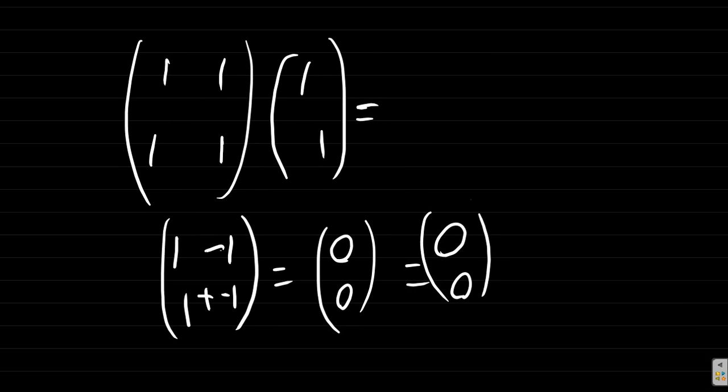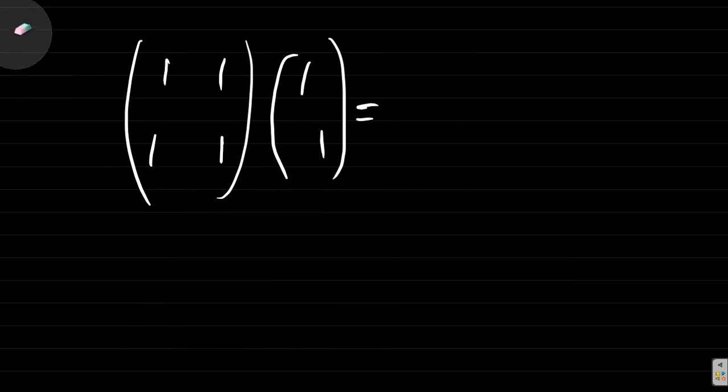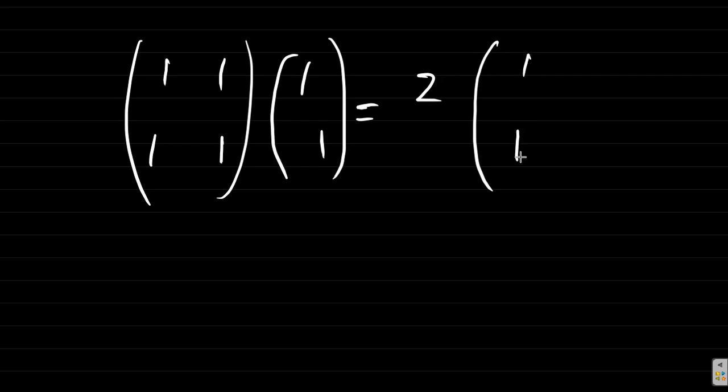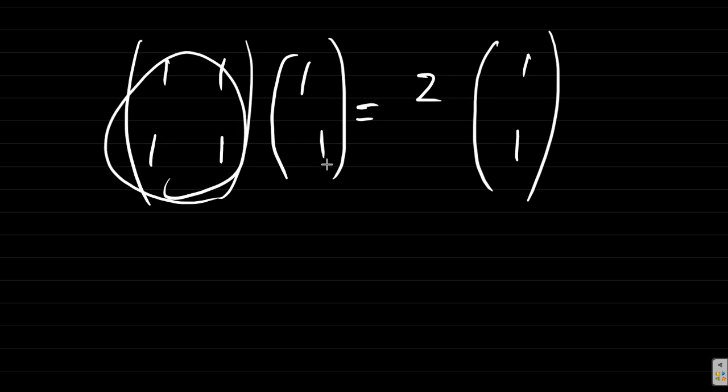Okay, let me erase this one, get it out of the way. This is equal to lambda, which was 2, times x, which is 1, 1, our eigenvector. So we're saying the matrix times eigenvector is equal to the eigenvalue times eigenvector. Let's work this out and see what happens.